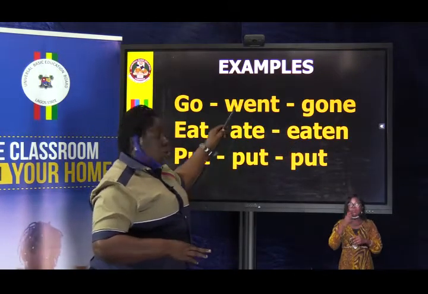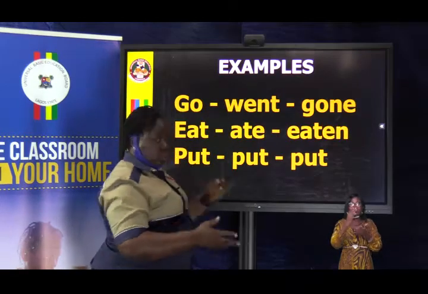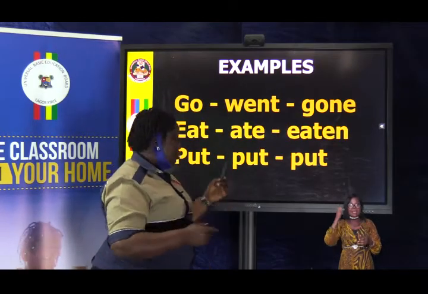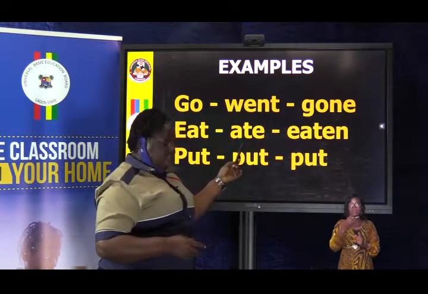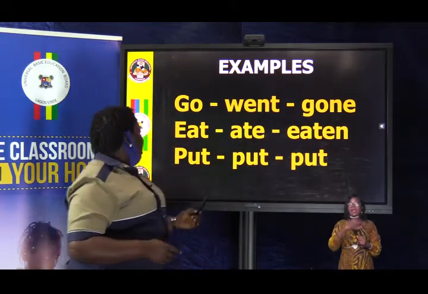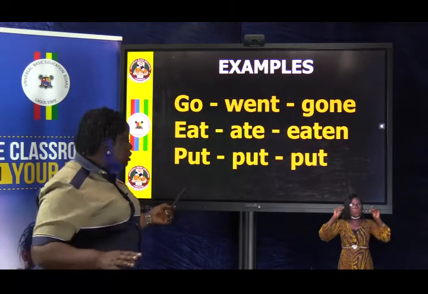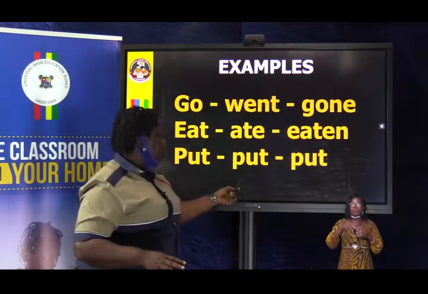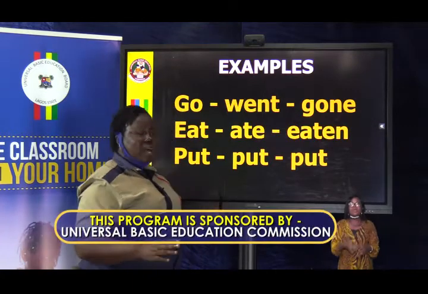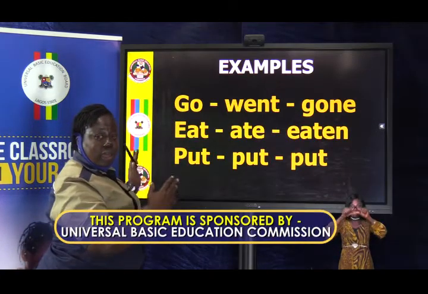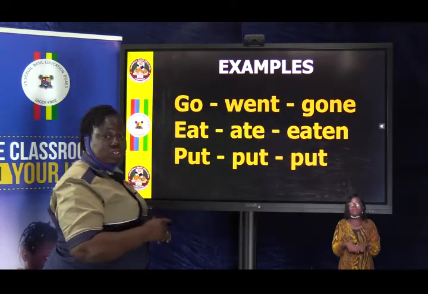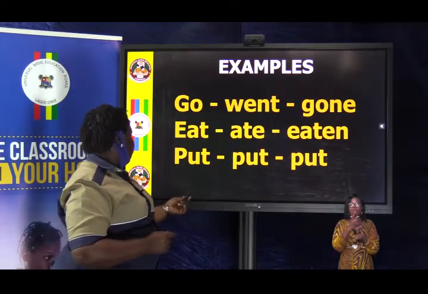This did not change entirely like the previous one, but the sound changes. Look at the last one, put. There are no changes at all. Put, put, put. So that addresses the examples and the definition of irregular verbs.